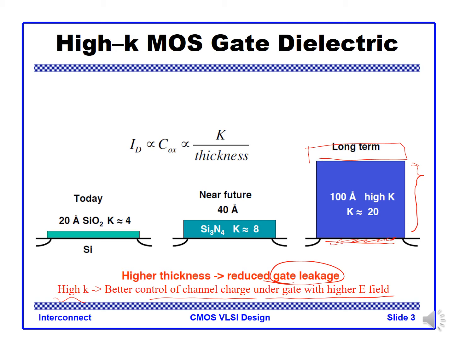This is the gate dielectric trend, which is something different from the wire we learned about. It is especially for the MOS device trend. We have leakage from the gate through the channel, and we want to minimize that.